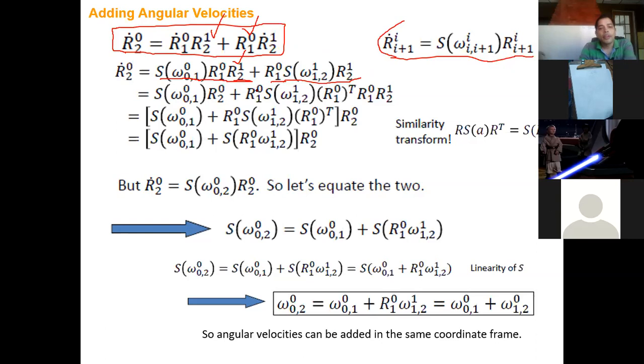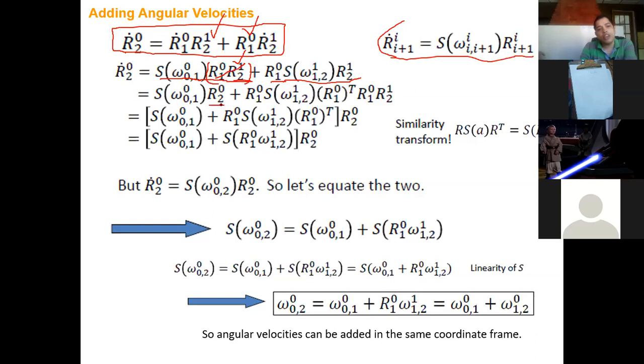So far so good. Now how do you condense these two, R1 0 and R2 1? If you take the chain rule, see that 1 and 1, it becomes R02.